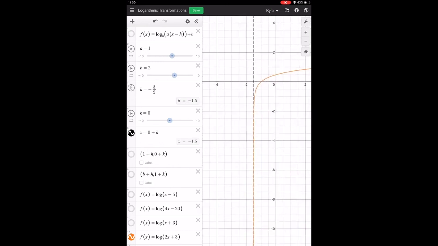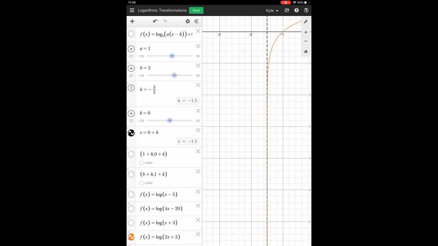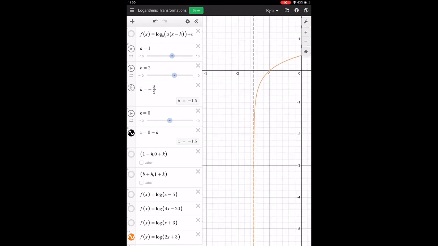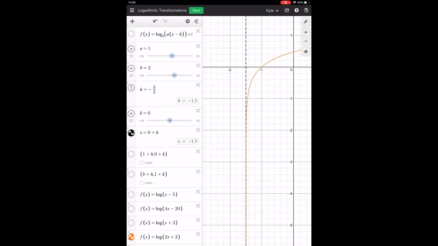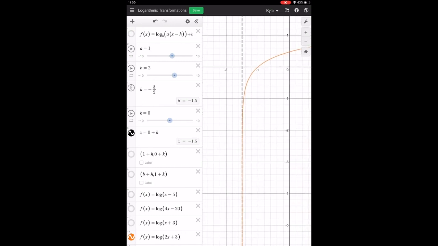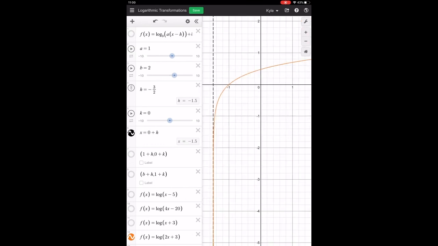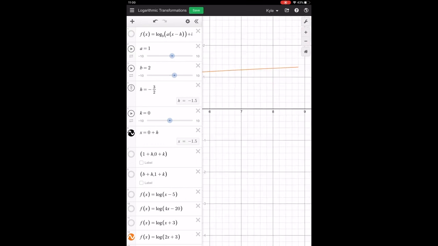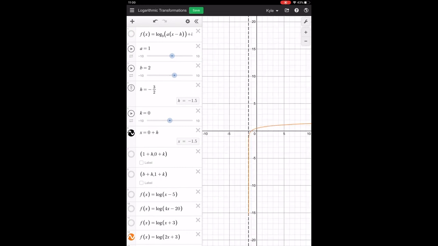It's been shifted over 1.5 units. And I've gone and made the h 1.5. So we have our asymptote here at negative 1.5. So we can see that we're going from negative 3 halves, or negative 1.5, and we're going off to positive infinity. So we're able to determine the domain yet again from this particular function.